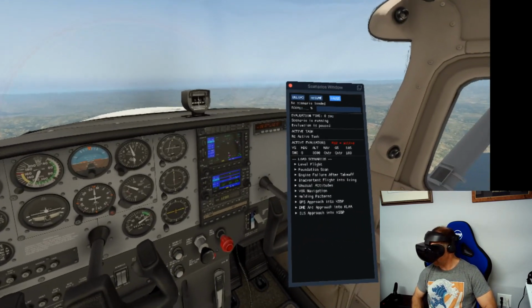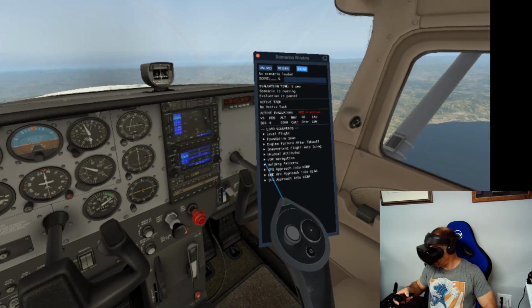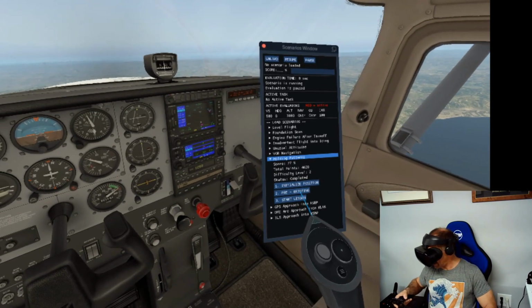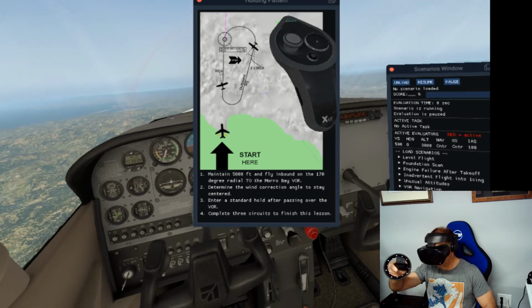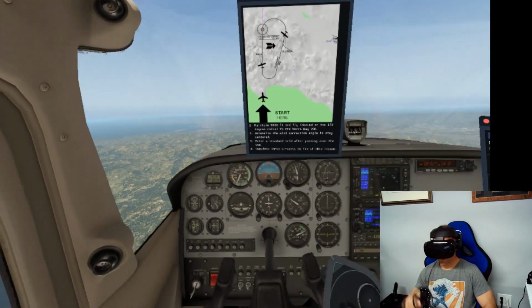So I think we can go ahead and now just bring up the holding pattern again and look at that pre-briefing. I'll set the pre-briefing right here perhaps.